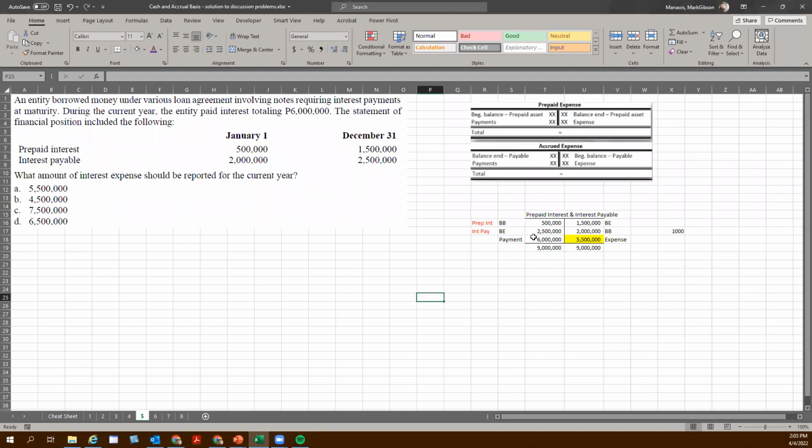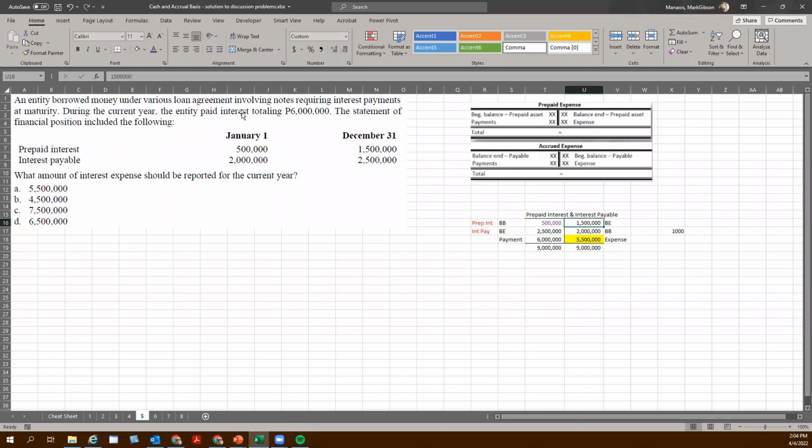Okay, so problem number 5, we have prepaid interest and interest payable. No? So again, we'll combine these two. So plot muna lang muna natin yung mga beginning and ending balances natin. No? So prepaid interest, this is an asset account. No? So beginning balance of 500,000, that's given.